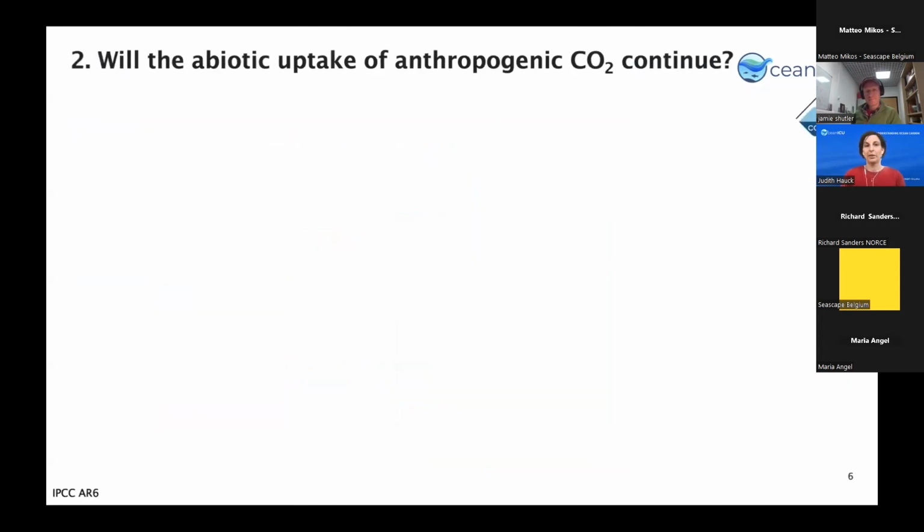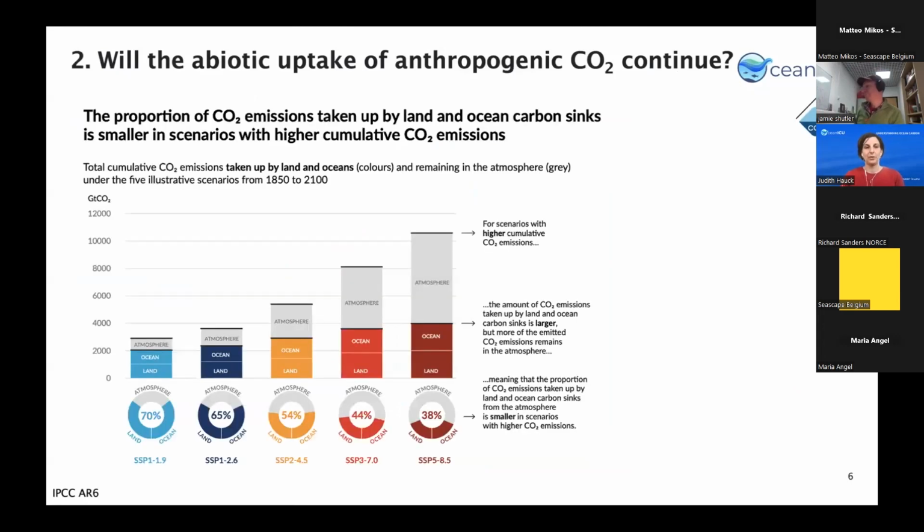So will the abiotic uptake of anthropogenic CO2 continue in the future? And here I would like to show the figure from the IPCC report, which has nicely summarized how the ocean and land carbon sinks will evolve in future emission scenarios, going from low emission scenarios on the left in light blue to a high emission scenario in red on the right-hand side.